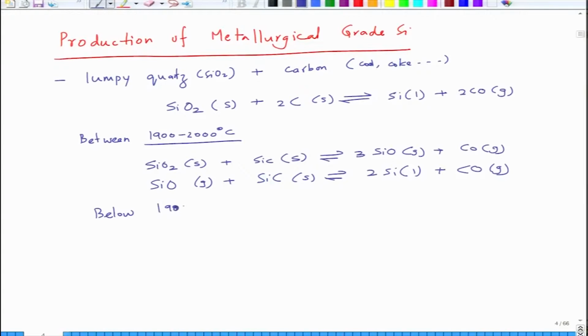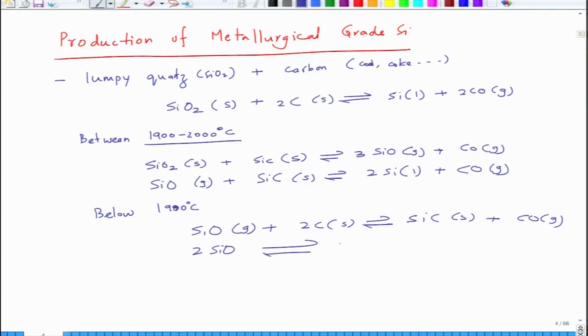1900 degrees centigrade the reactions that occur are SiO gas plus 2C in the solid form makes SiC solid plus CO gas, and then 2SiO gives rise to Si liquid plus SiO2 liquid.